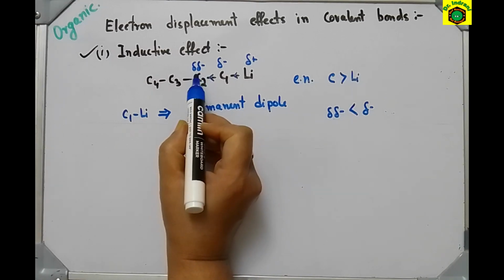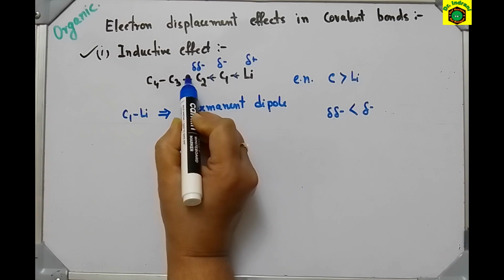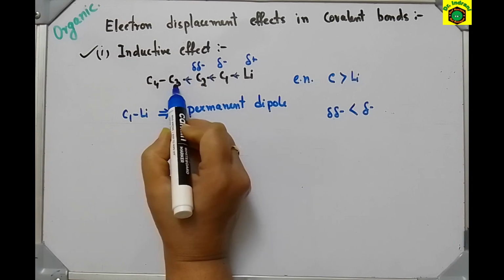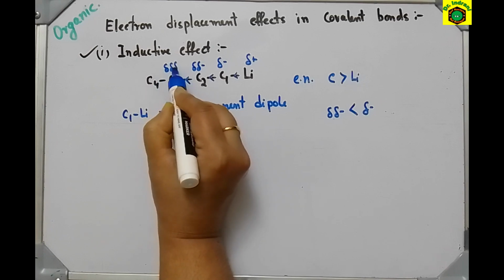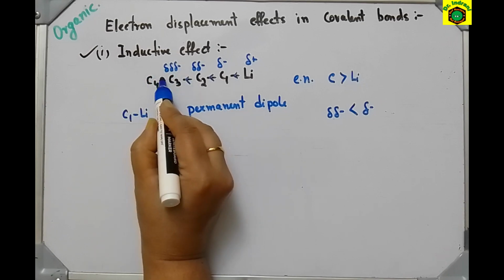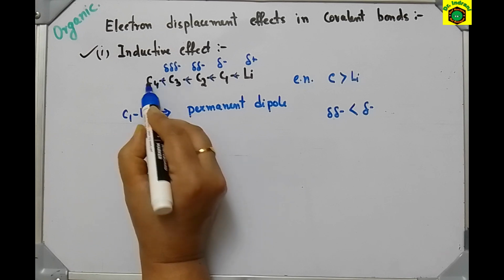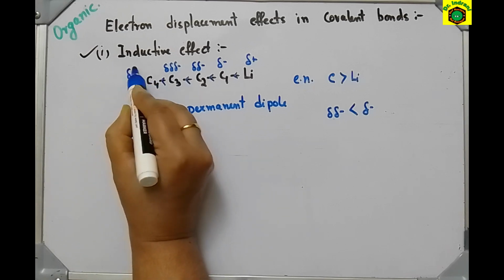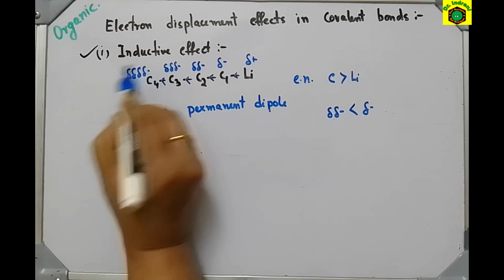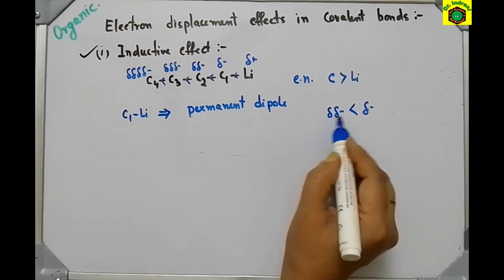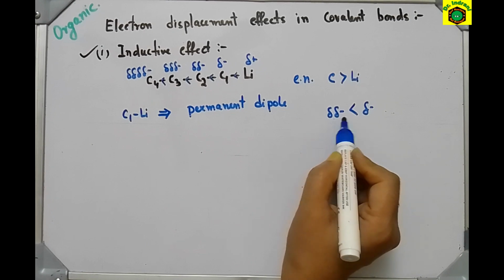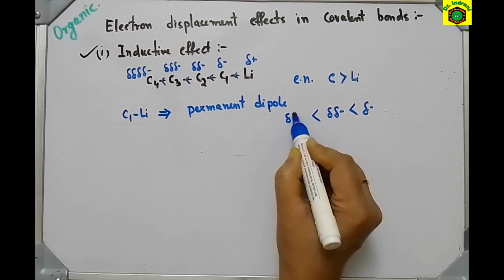Once again, the partial negative charge will repel electron density towards C3. It will have a delta minus charge. It will also repel electron density towards C4 and it will have this charge. And obviously the order of partial negative charge is this one.